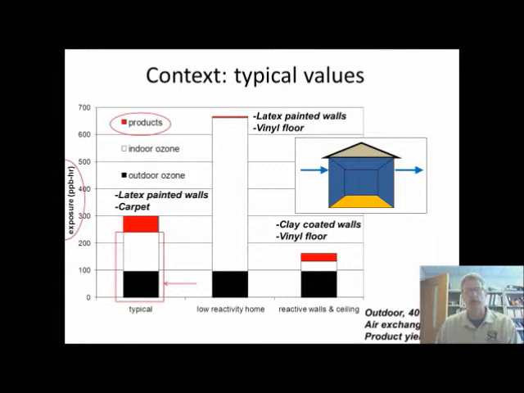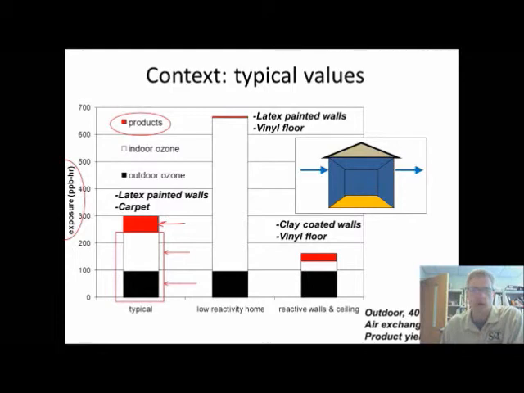You have a certain amount of time that you spend outdoors, maybe 5 to 10% of your time, and you get a certain amount of ozone exposure from that. The white is your indoor exposure, and that depends on the reactivity of surfaces. You can see that it's modest here, and a lot of that has to do with the carpet removing ozone. But the fact that there's carpet there means that you end up with a lot of these reaction products here.